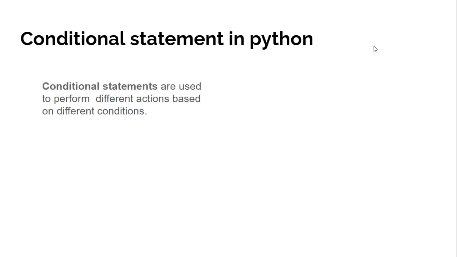The only way here is you need to use conditional statements. So what is a conditional statement? Conditional statements are used to perform different actions based on different conditions. Okay, this is a very basic concept, and you will use conditional statements in lots of your programs.